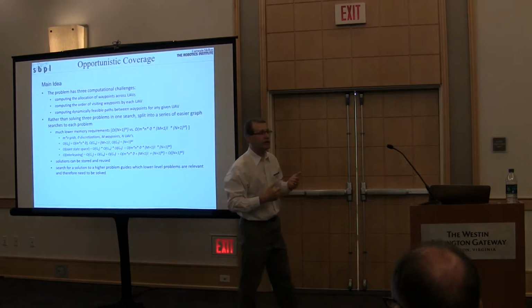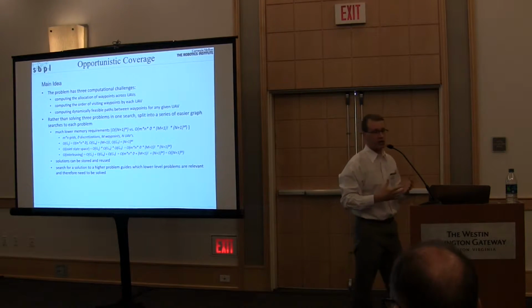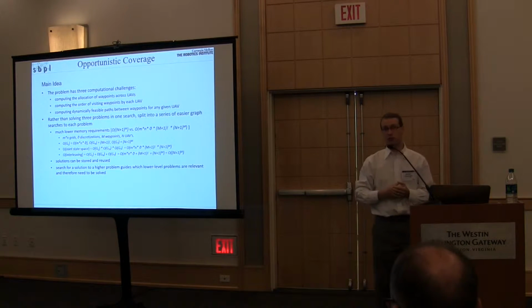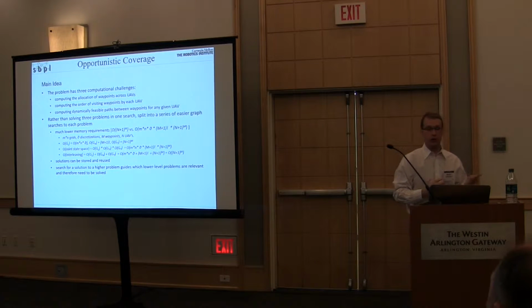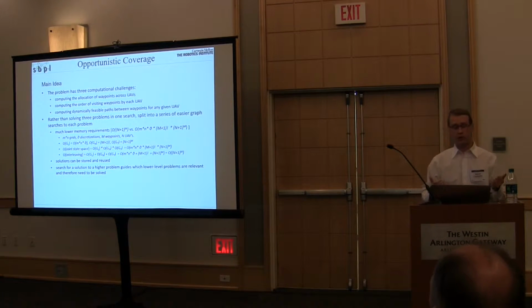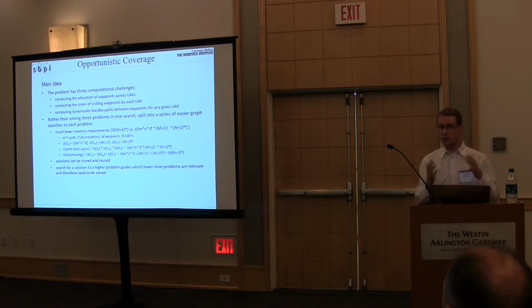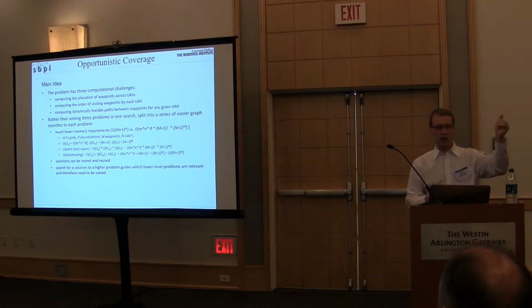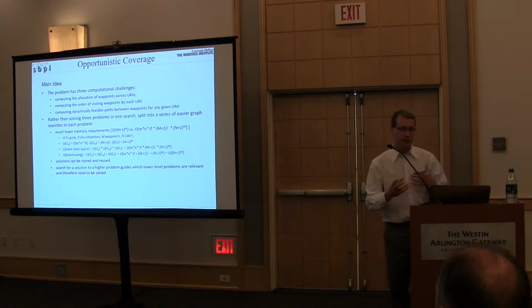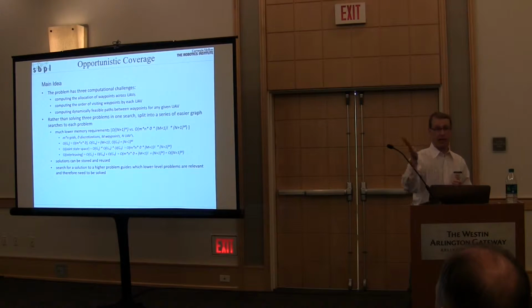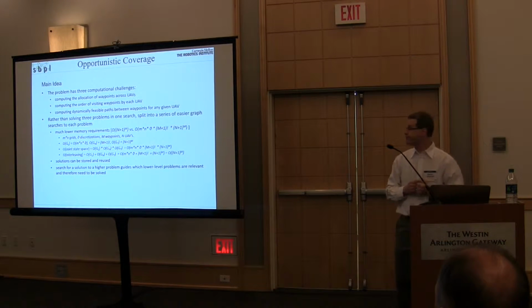Number one is figuring out the allocation of the waypoints. That's a typical task allocation problem. Number two is figuring out the order in which those UAVs have to visit those waypoints. Once you allocate that this UAV visits waypoint number one and waypoint number two, the question is in which order they go through it. And number three is figuring out the dynamic physical paths that connect those waypoints.